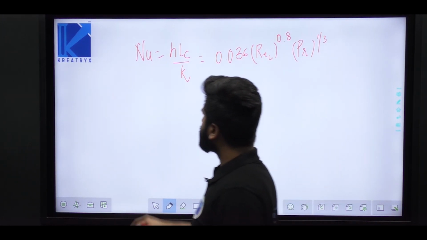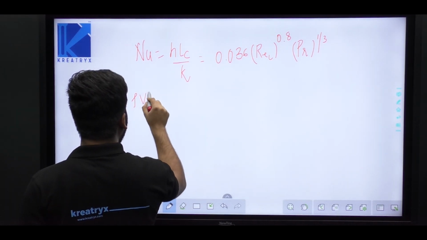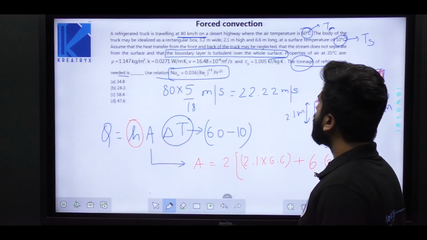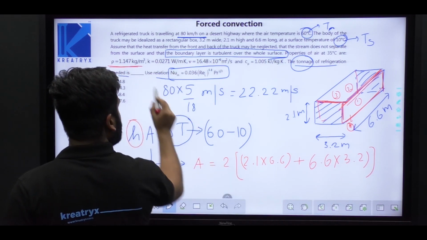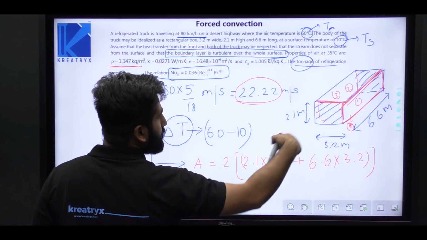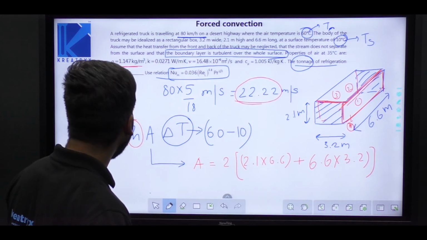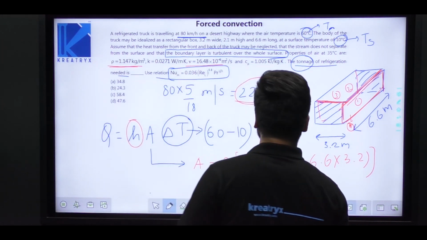You can find out Reynolds number, which is rho V L by mu. And rho is 1.147. V is this 22.22 meter per second. L is 6.6 meter, and upon mu. Okay. So you have been given the kinematic viscosity, so use this directly.